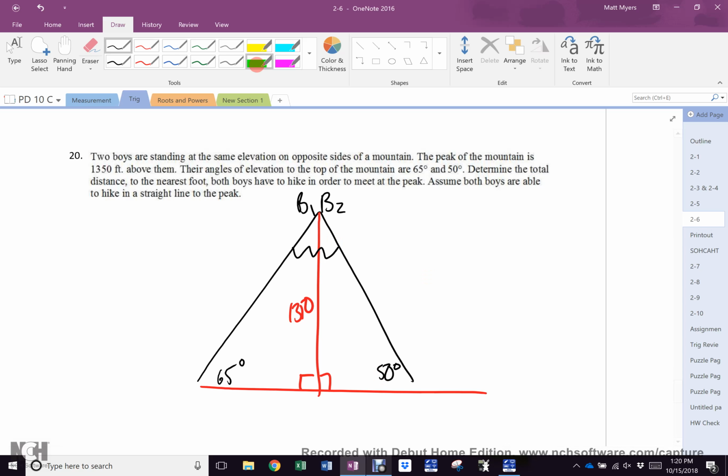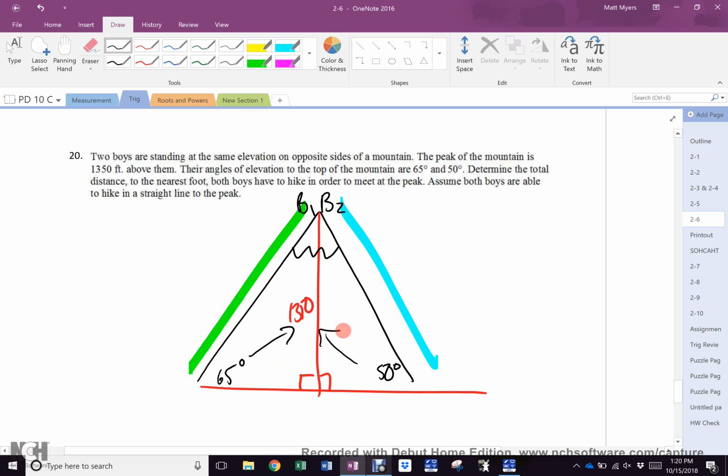So, that is what? A hypotenuse. That is what? A hypotenuse. What do I have? Opposite and hypotenuse. O and H's sine. 1350 divided by sine 65. 1350 divided by sine 50.